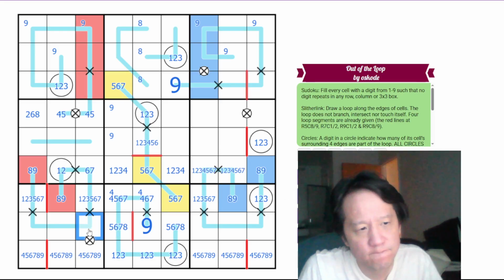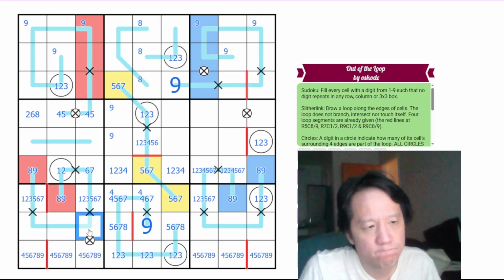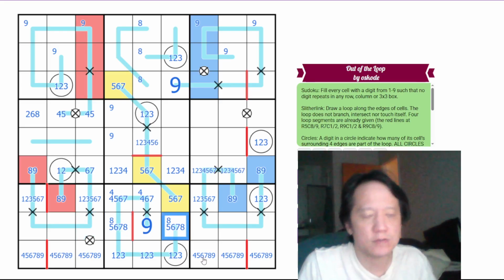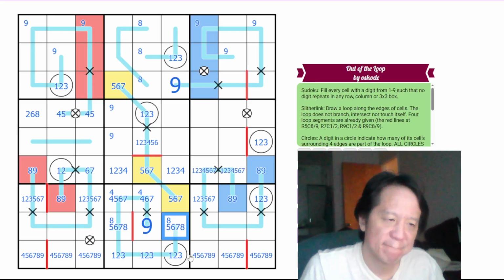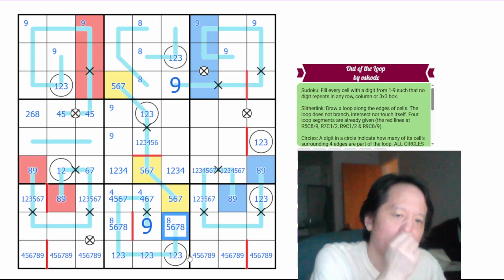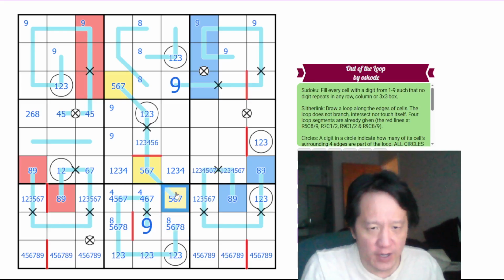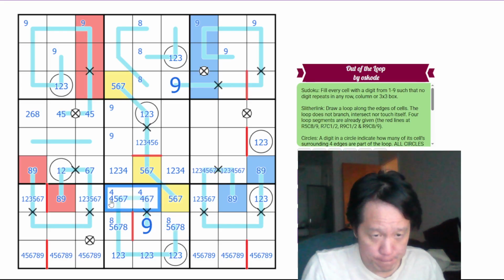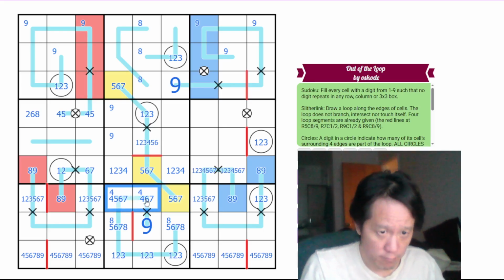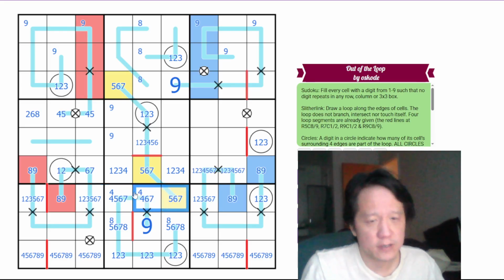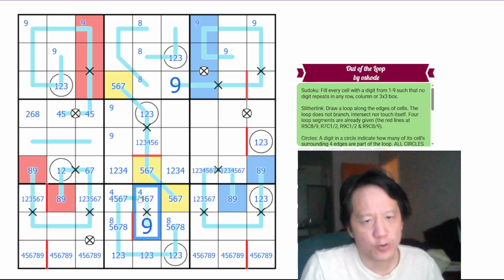This. 8 obviously has to be one of these 2. So if this is 5, this becomes 4, 7. If this is 7, it becomes 4, 6. So we're not guaranteed what these are. Therefore, this could be 4, 9, but this could be 5, 7 with 1, and this is 6.